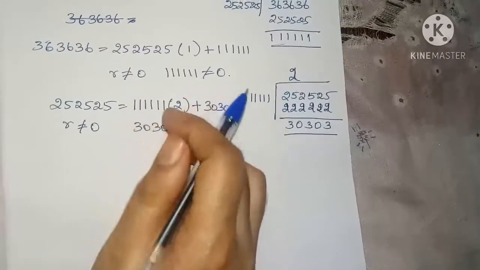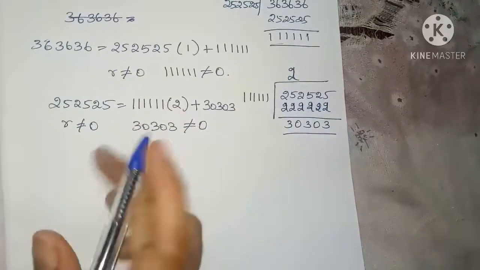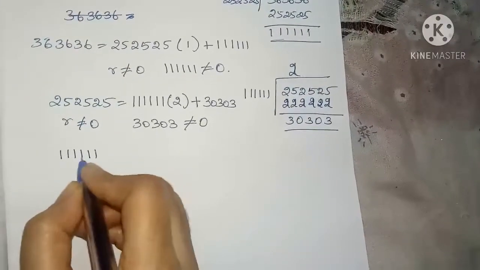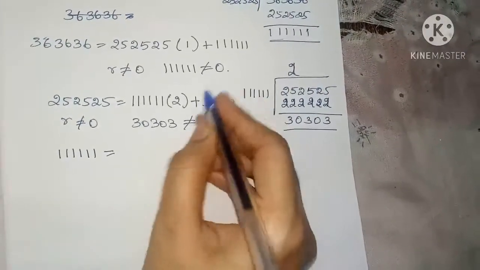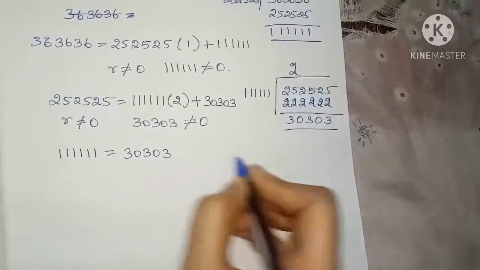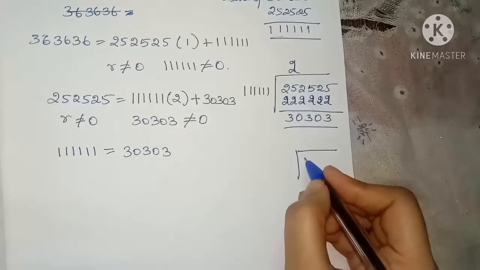So write your divisor as your dividend here, 111111, and remainder as your divisor, 30303, and divide here.